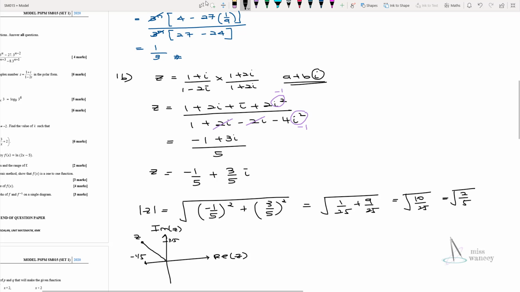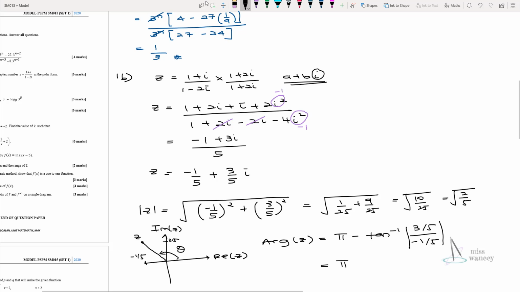Okay, so now what is the argument? Argument always start from the real number, the positive one. So this is our theta, or the argument. Okay, so basically how to get the argument? So for the argument will be equal to pi minus arctangent of modulus b over a, so I'm supposed to have 3 over 5 over negative 1 over 5.